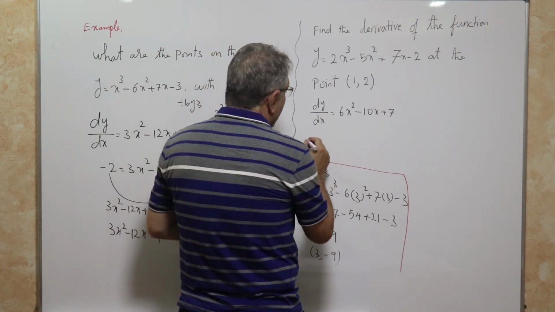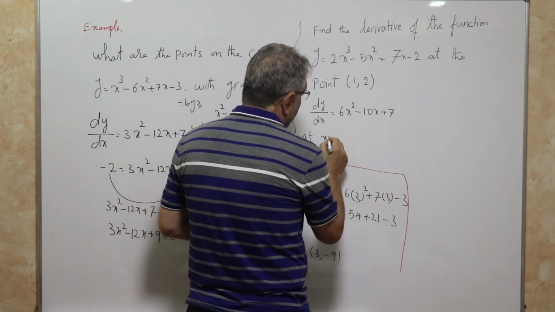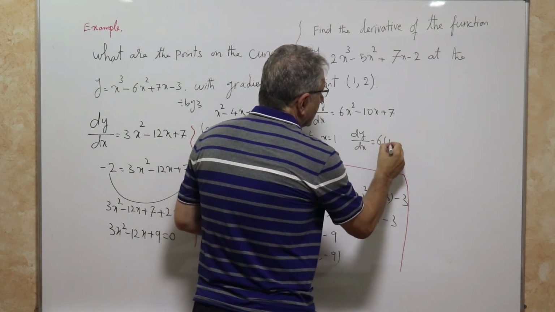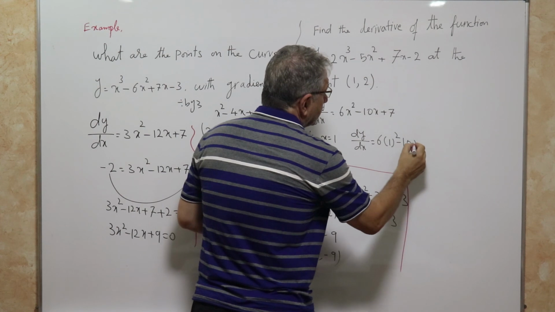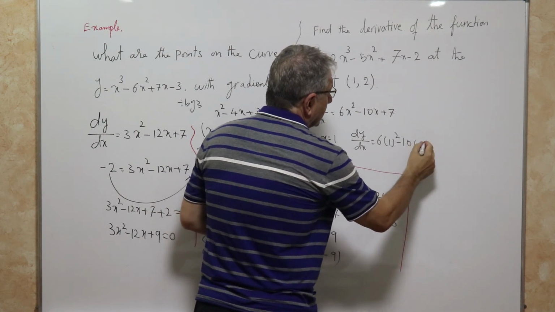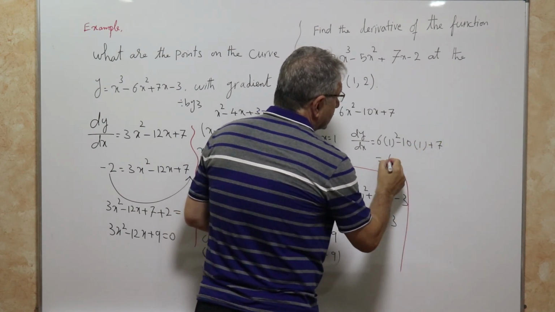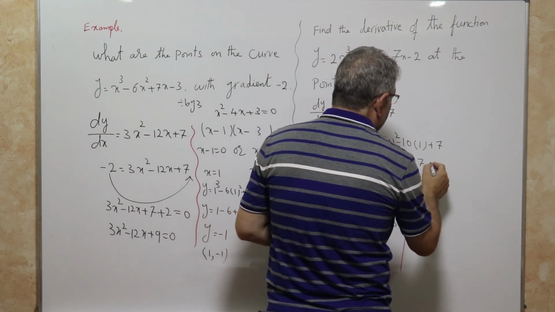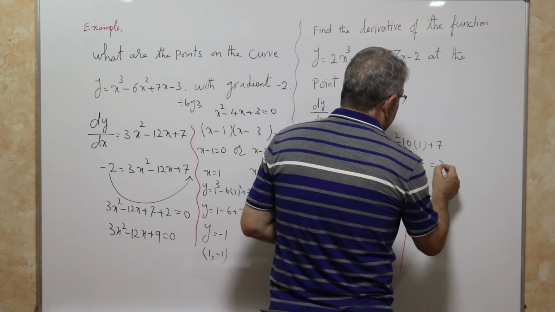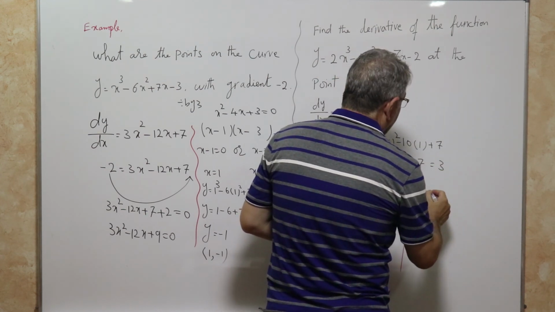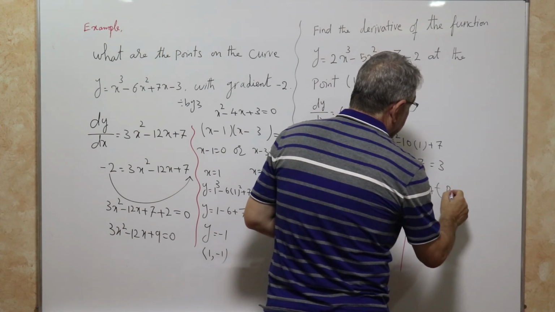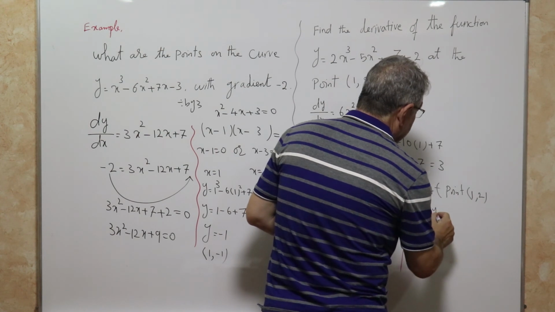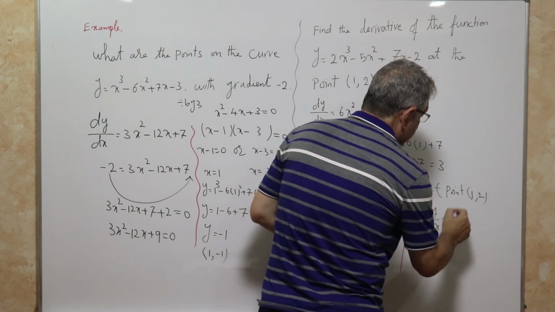Therefore, at x equal to 1, dy by dx is equal to 6 times 1 squared minus 10 times 1 plus 7, which is 6 minus 10 plus 7, which is equal to 3. Therefore, at point 1, 2, dy by dx is 3.